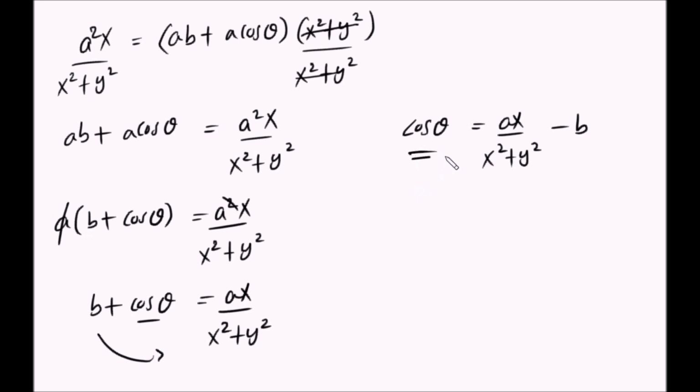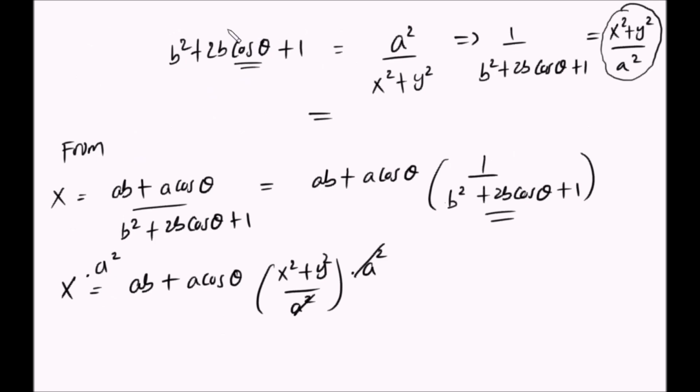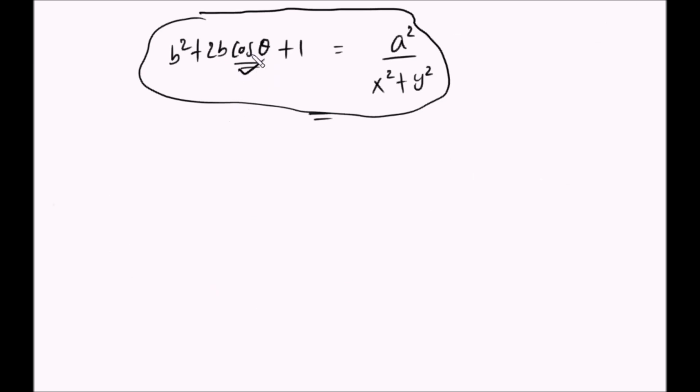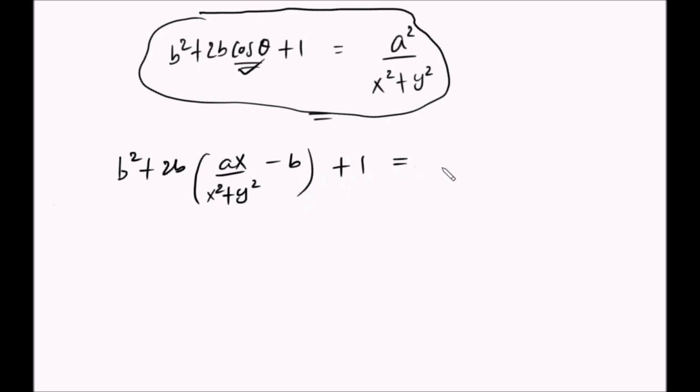So huyu cos theta now nataka nimweke wapi? Hapa tunakumbuka hii, hiyo cos theta namweka hapa. Kwa hiyo sasa tukimweka hapo itakuwa ni b squared jumlisha 2b. So cos theta tumepata ni ax over x squared plus y squared minus b. So hapa tunajumlisha 1 sasa na a squared over x squared plus y squared.